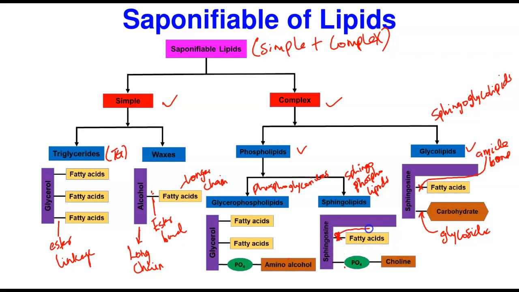So here, let me just write that, is an amide bond. Now, however, the phosphate group here forms a phosphate ester bond with the alcohol group in carbon number 1 of sphingosine, and then the phosphate group there also forms another ester bond with choline in the sphingolipid. So this is a general way to look at the saponifiable or the simple and complex lipid.